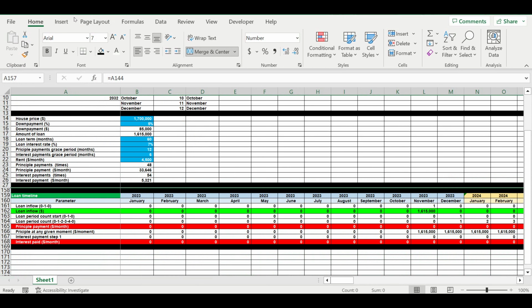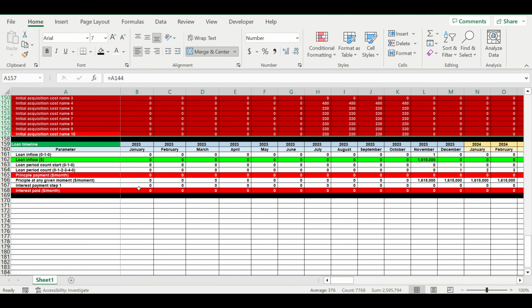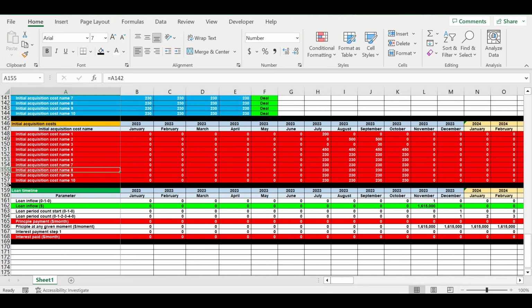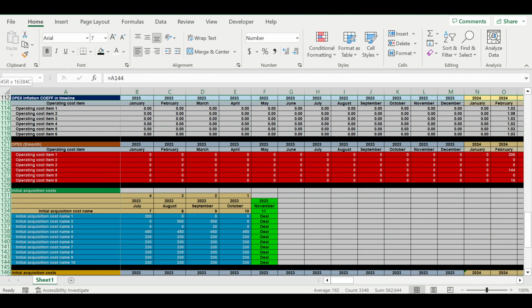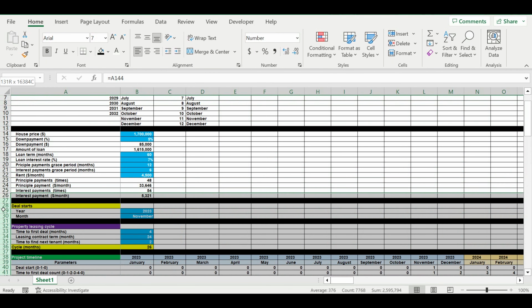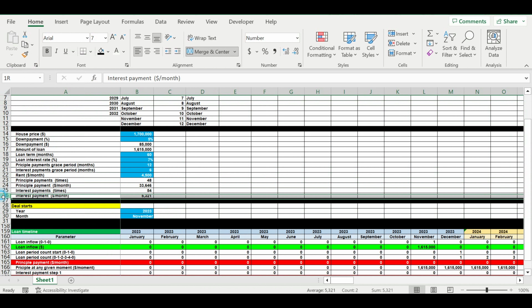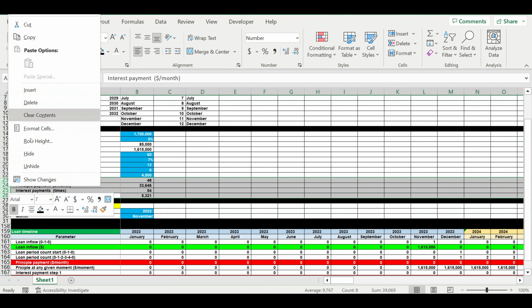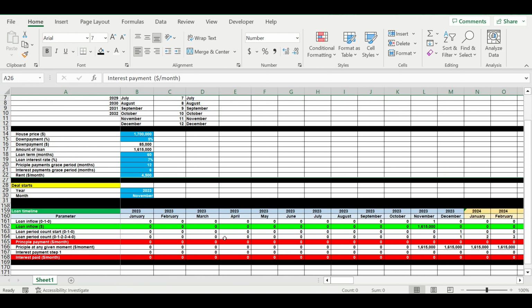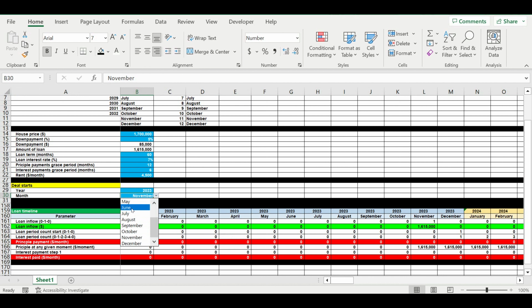Oh, we just have to leave the deal start as well, so we will hide this, we will hide this, so we can, for example, now easily displace the deal, for example to June.